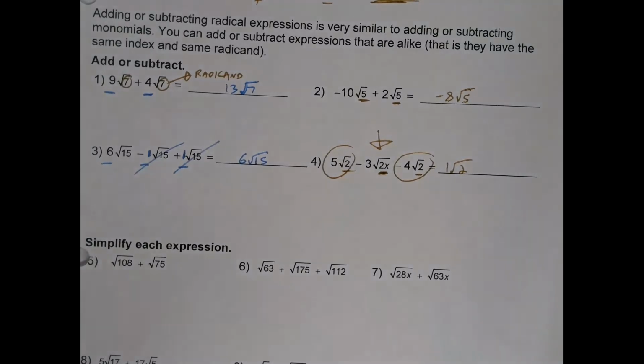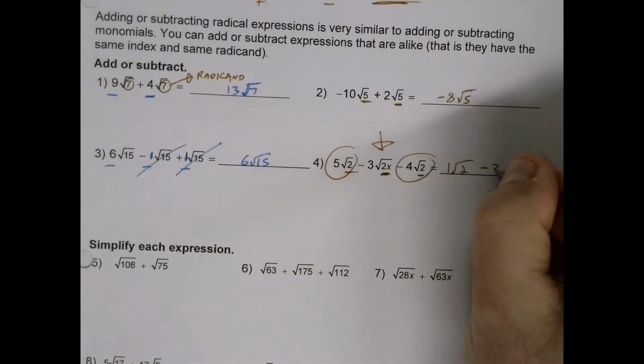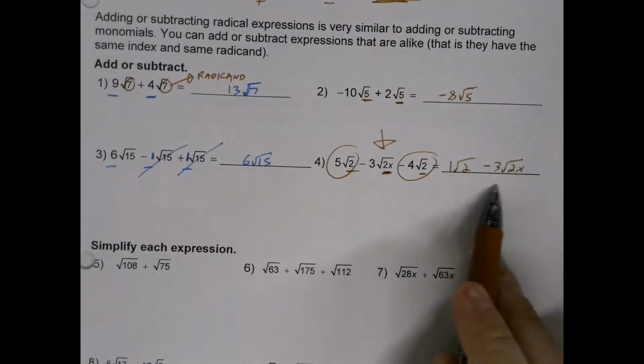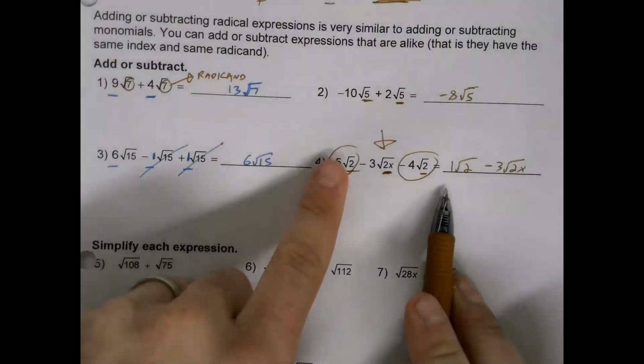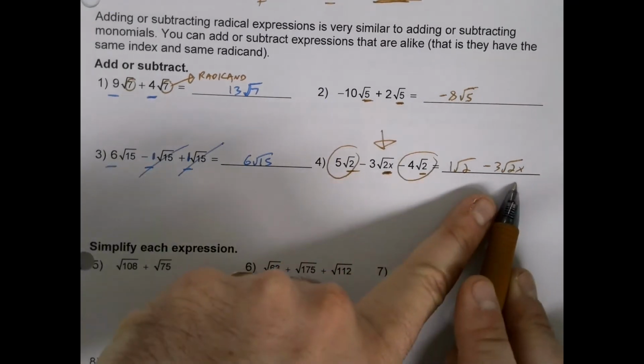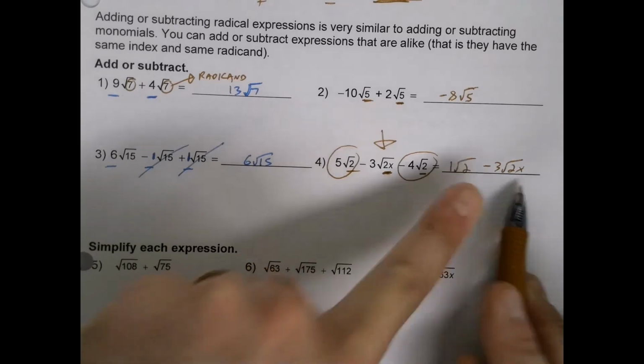So all you do is tack it on the end of the answer. So it'd be minus 3 root 2x. It looks kind of ugly, right? The only things we could put together were these two expressions right here, and you just tack this other term on the end of it.